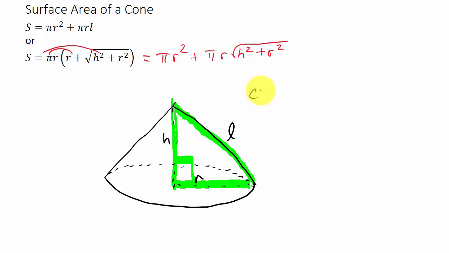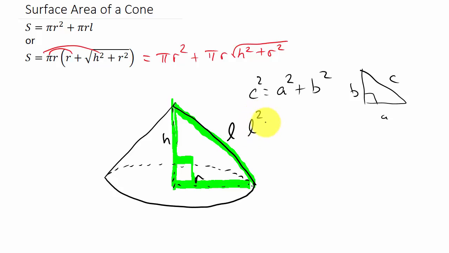So you remember the Pythagorean theorem: if you have a right triangle, say that's a, b, and c, c squared is a squared plus b squared. There's the hypotenuse, so L squared is equal to h squared plus r squared. And then if you square root both sides, L is equal to the square root of h squared plus r squared. You see that?